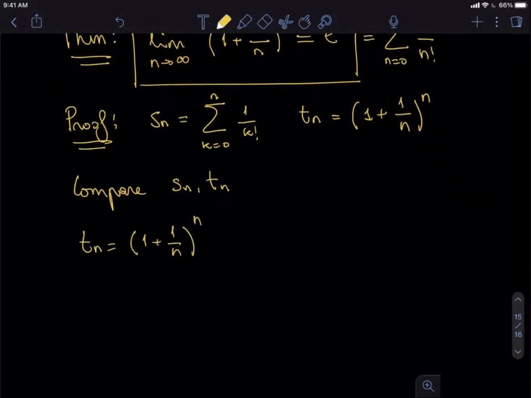Okay, and here what we are going to use is the binomial theorem. 1 plus x to the power n, okay, is the sum, let's say from k equal 0 to n of, well, it is 1 to a power times x to the other power, so we don't have to write the 1.